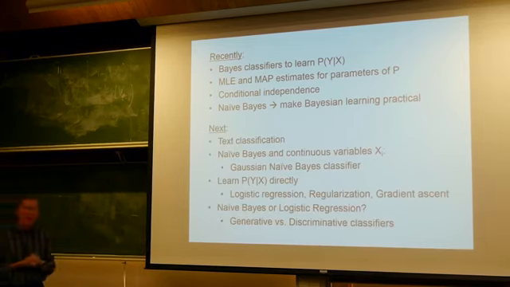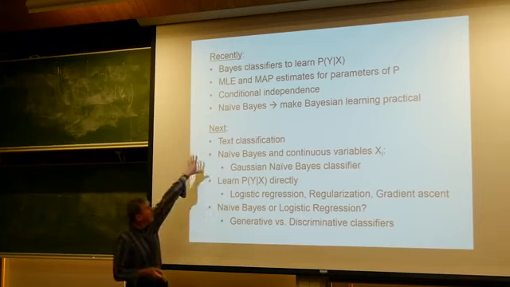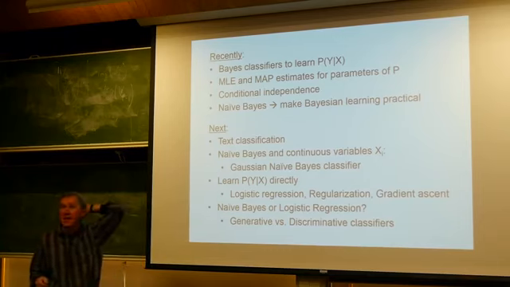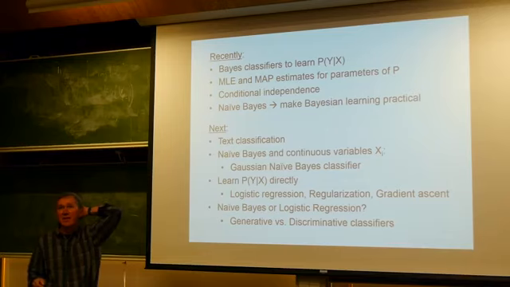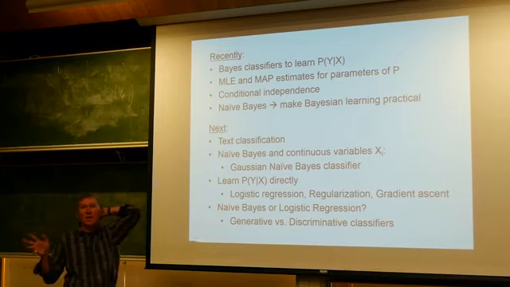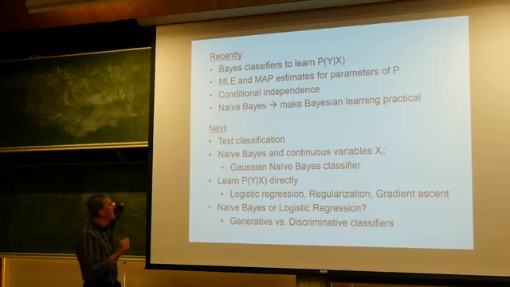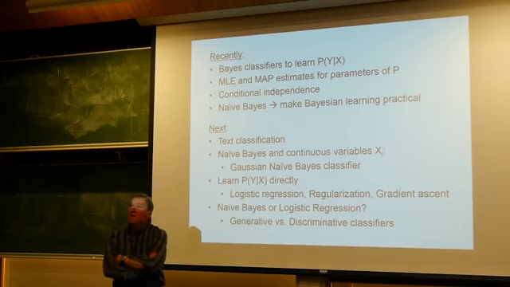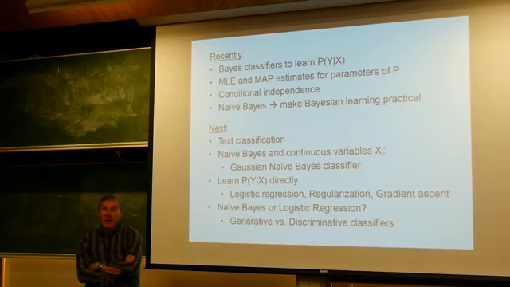What we're going to do today is look a little bit more at naive Bayes and at text classification using naive Bayes. In the upcoming homework, which will be out today, you'll get a chance to look at that in some detail. We're also going to look at the question of what if our attributes are not discrete valued? What if they're not Boolean? What if they're continuous, like the temperature?